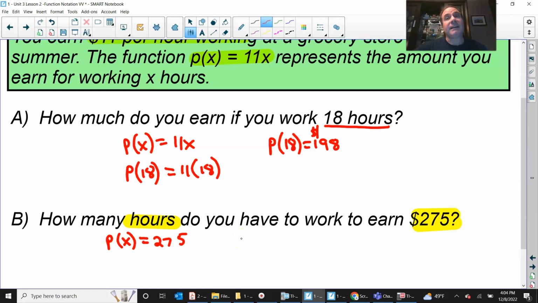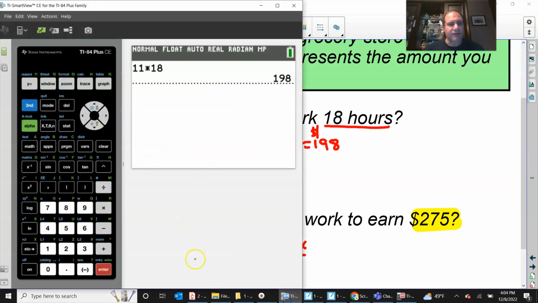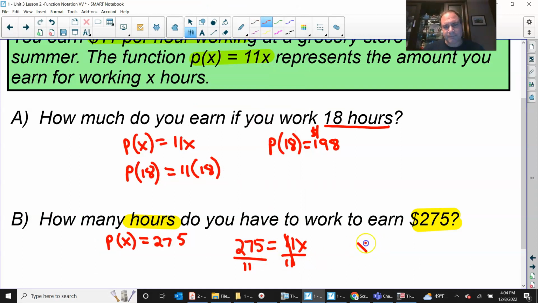So you substitute the 275 in for P of x, and you have 11x. Then you divide by 11. You're going to solve for the number of hours, which is x. So we're going to grab the calculator, 275 divided by 11. 25 hours. And that is your answer.